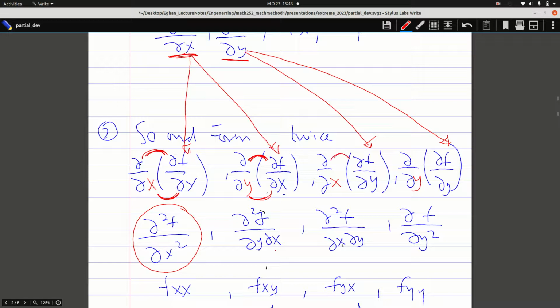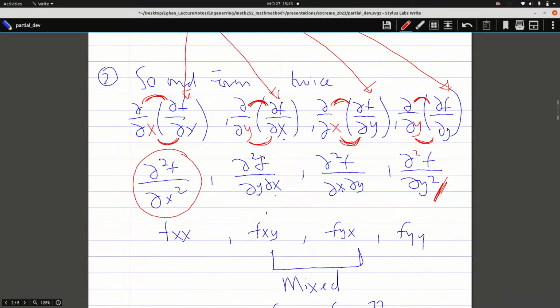The next thing becomes del squared over partial x partial y. The last thing, del squared, becomes partial y squared, and that is it. Or I can rewrite this in the subscript notation. If I don't use the partial derivatives, I can use the subscripts. So this means f_xx. Differentiate f with respect to x twice.